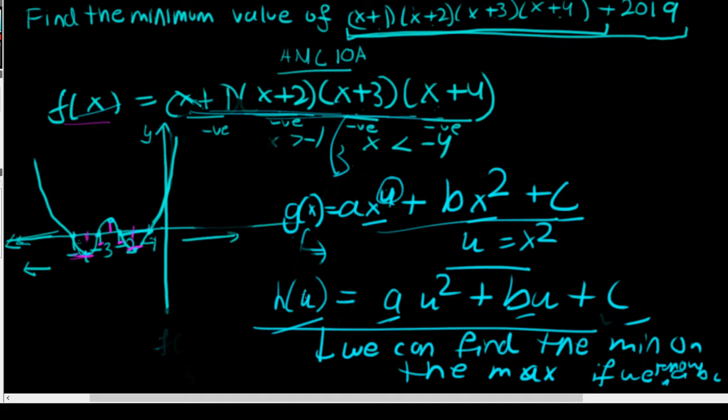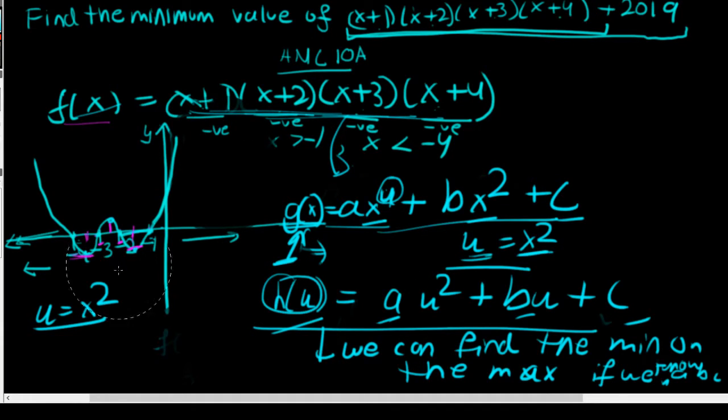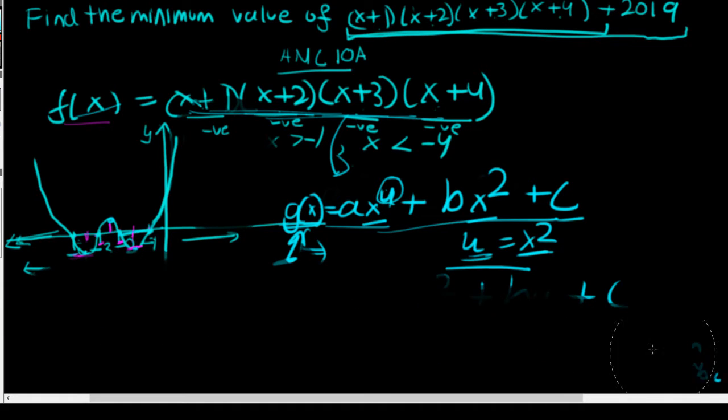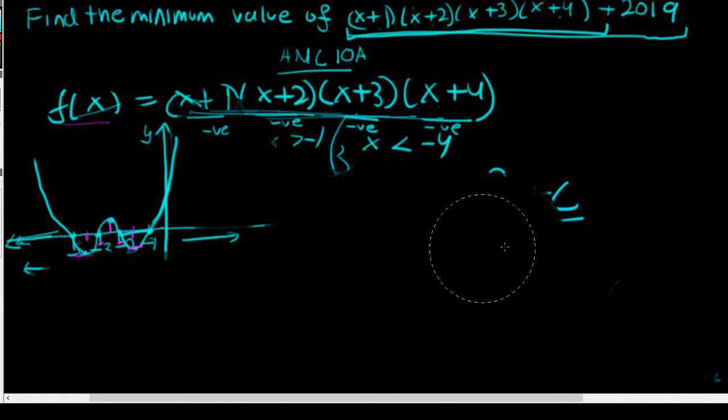And if we find the minimum value of this function, since this function is actually equal to this function, we'll have found the minimum value of this function as well. And we can find the value at which this occurs by using u equal to x squared, as we just substituted into this equation. So we'll be using exactly the same approach in this equation, but with a different method.